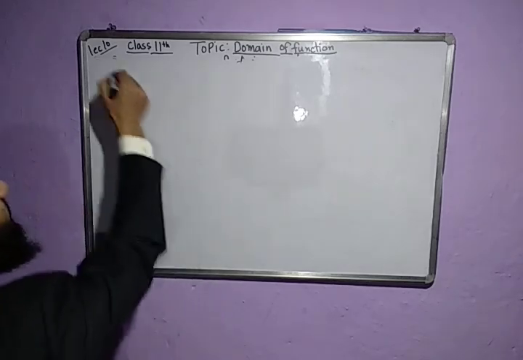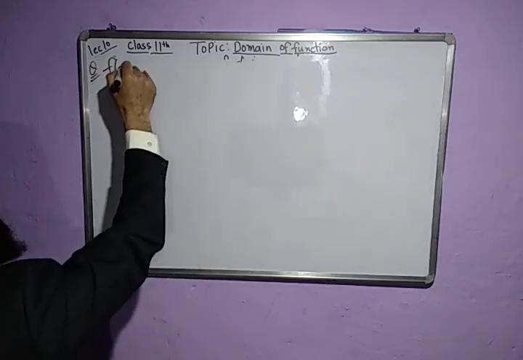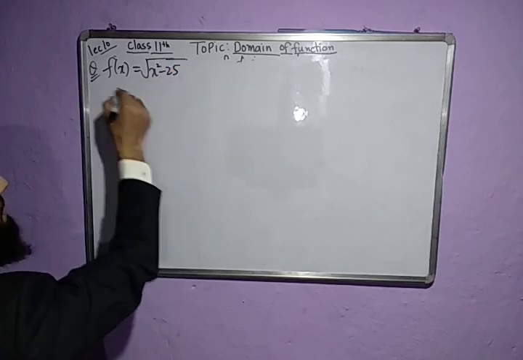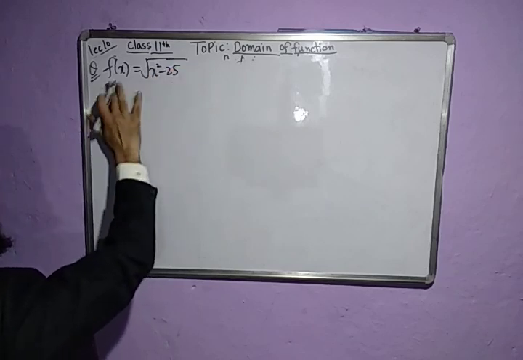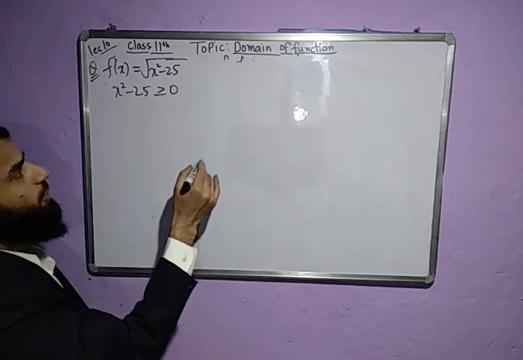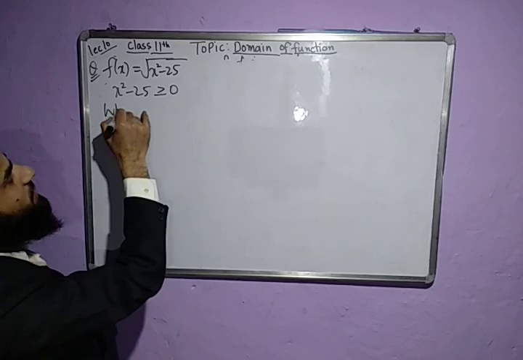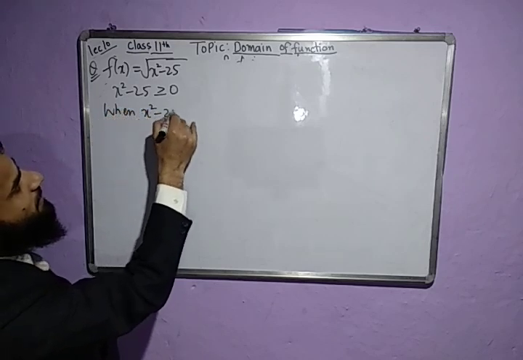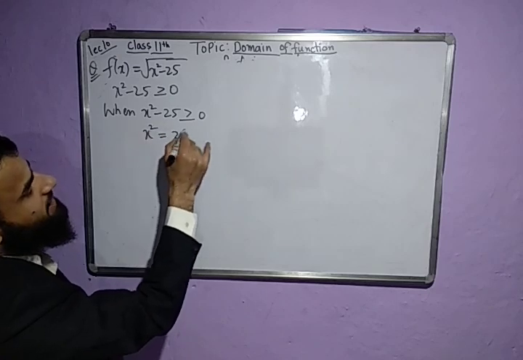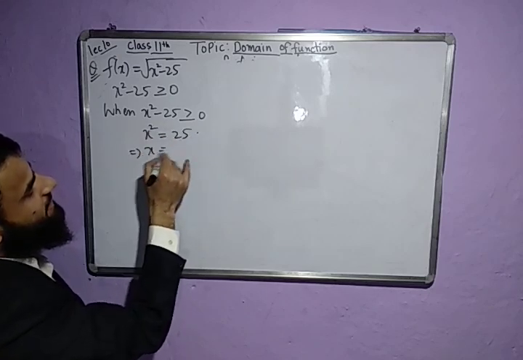There is a question. f of x is equal to under root of x square minus 25. For this function to be defined, clearly x square minus 25 should be greater or equal to 0. When it is equal to 0, then x square is equal to 25, which means x is equal to plus minus 5.